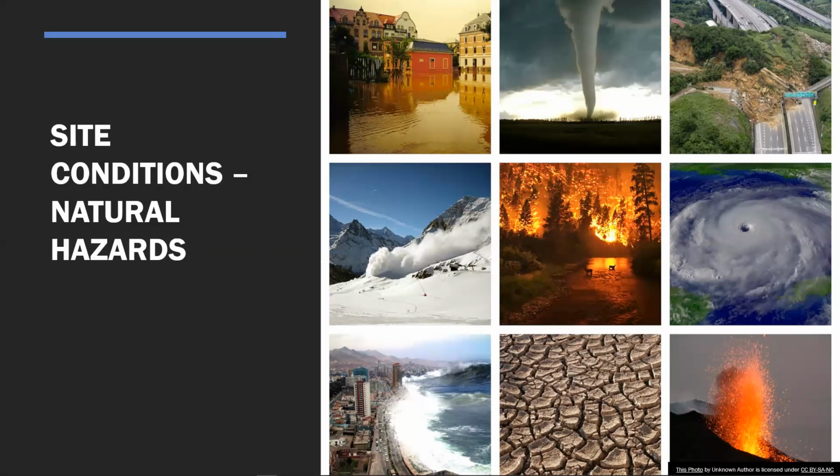Natural hazards themselves aren't exactly problematic. Most of the time, they're a part of the natural cycle of things. It's a way for the planet to restore balance and such.